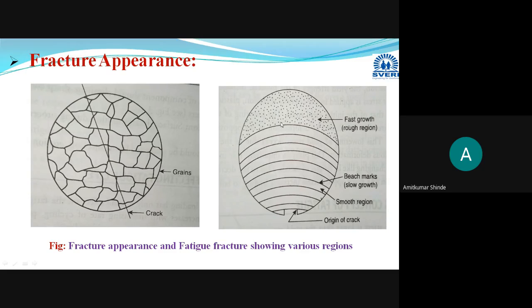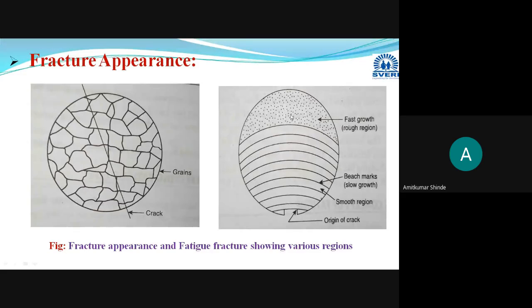Up to this is the smooth region and this is the rough region. In the smooth region, the crack grows very slowly, and in the rough region it progresses at a rapid rate.